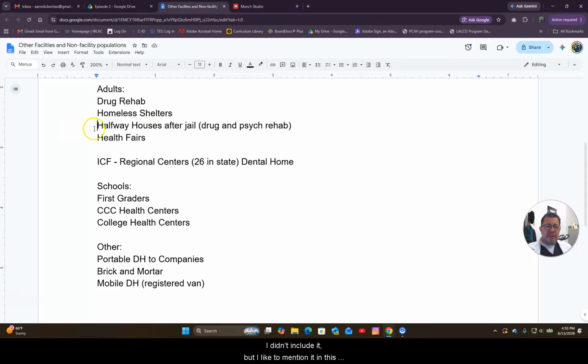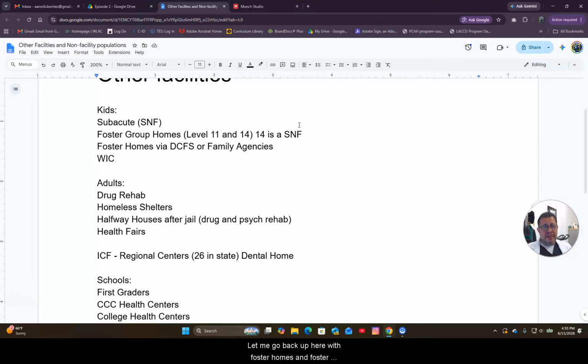I didn't include it, but I like to mention it in this part because going back to the foster kids, there are level 11 and sometimes even level 14, but it doesn't really matter the level. Let me go back up here.